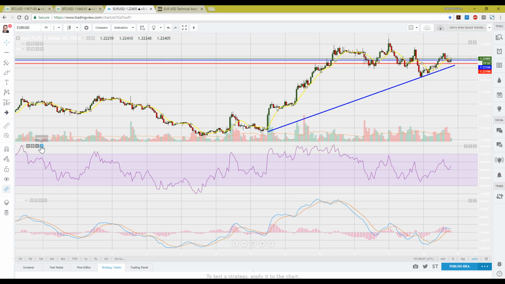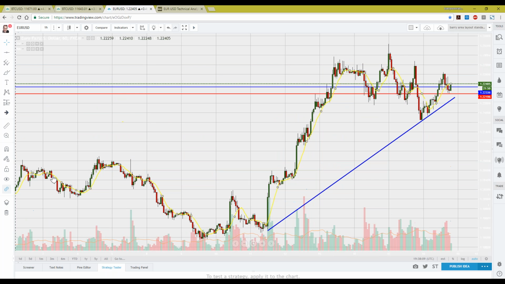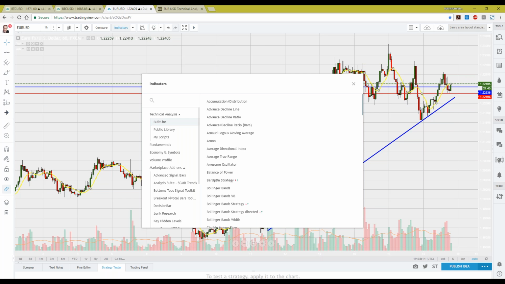Now I'm going to get the rest of the stuff off the bottom so we have a better visual area. Now, the second way to do this is with a fast and a slow moving average.